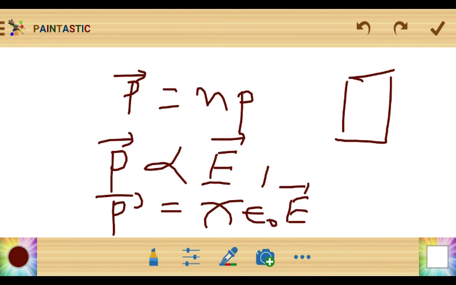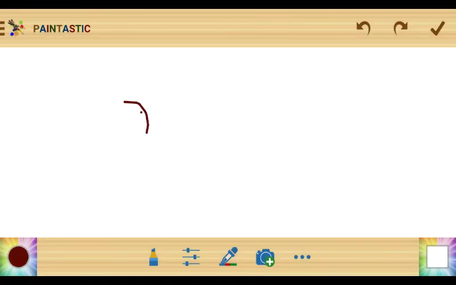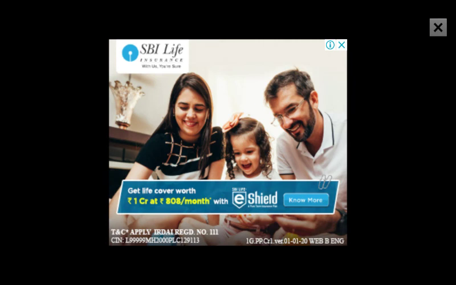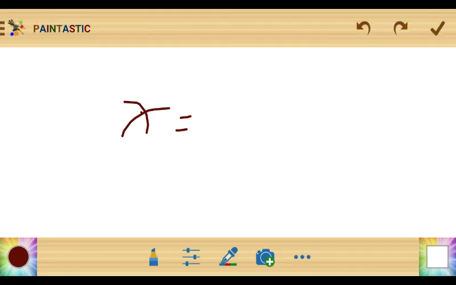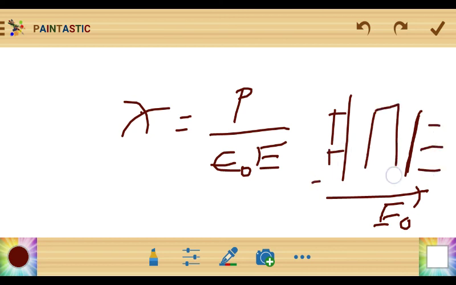Next. So xi you can simply find out: xi is equal to P upon epsilon 0 into E. And as we know, if E0 is the electric field due to the outside plus and minus charges, and as you have placed the dielectric, it also produces an electric field in the reverse direction, let's say this is EP.